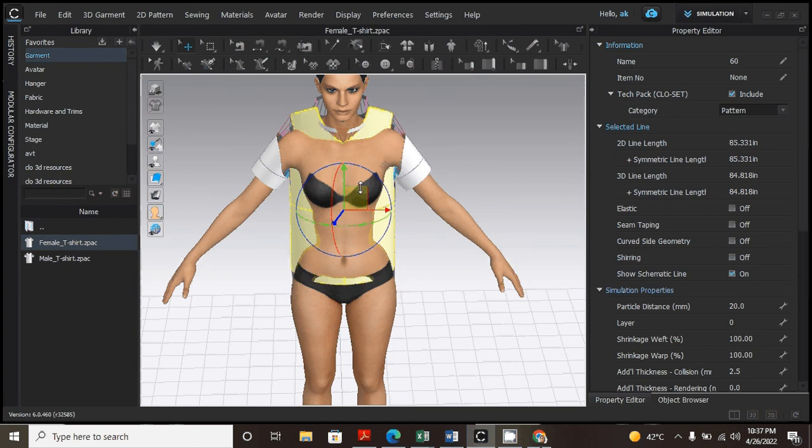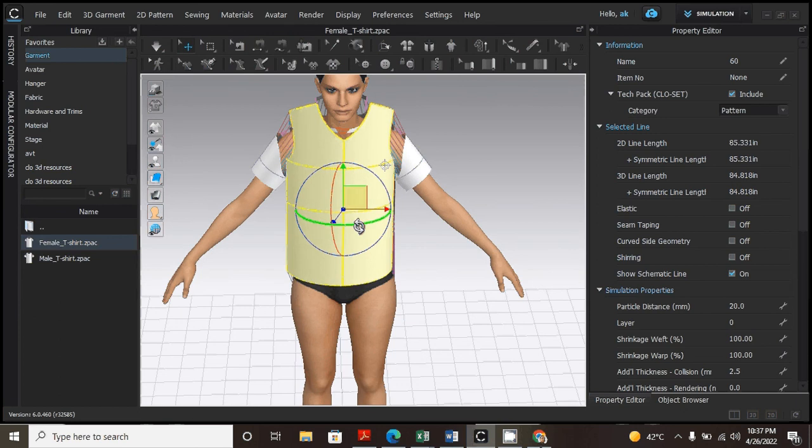Arcs are also there in the different directions. There are three arcs, blue, red and green, because it is three-dimensional.